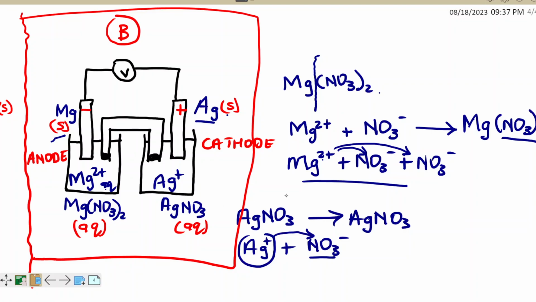Remember these ones, we call them spectator ions. This one is the spectator ion, so we exclude those ones. So we're not interested in the spectator ions. So let's quickly write these two half reactions, and then we write the net reaction.